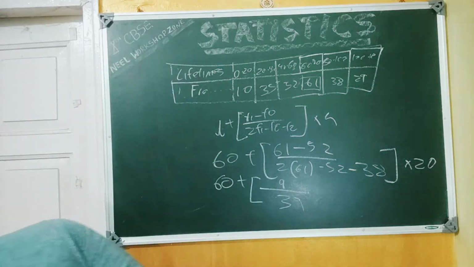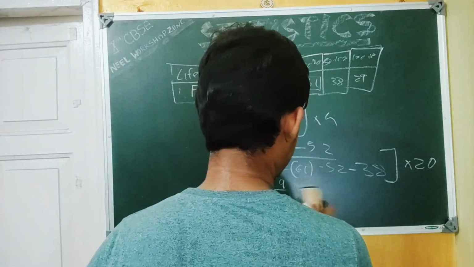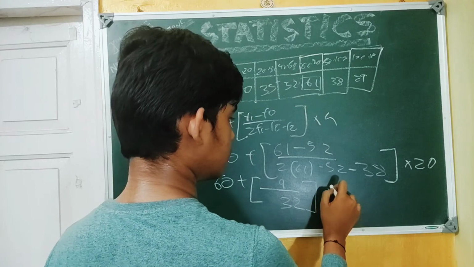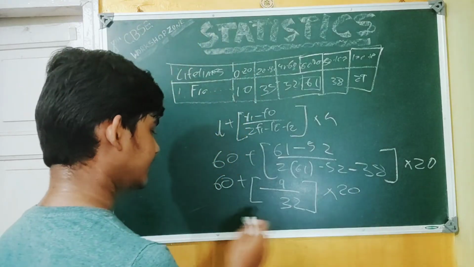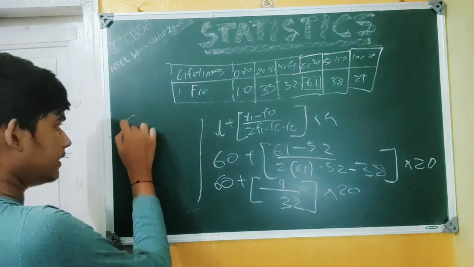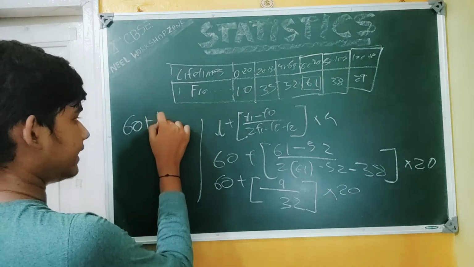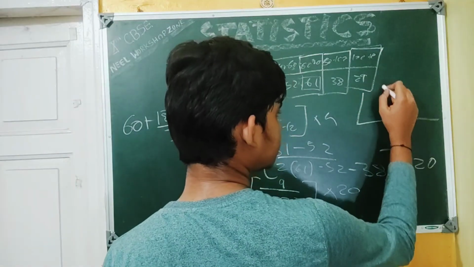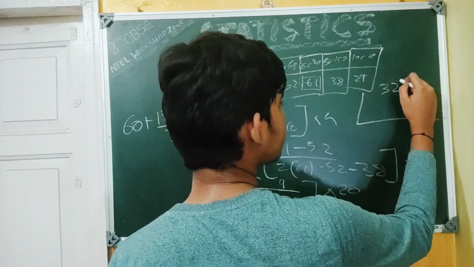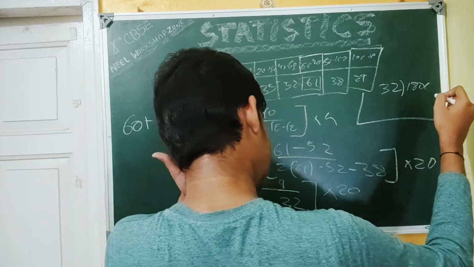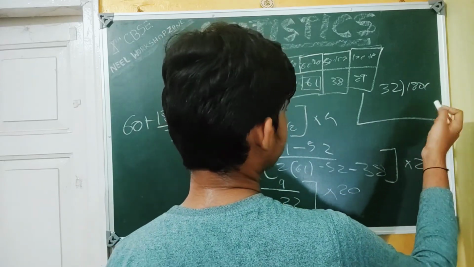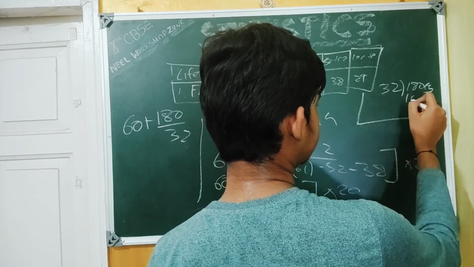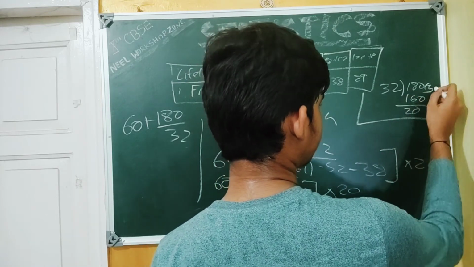So 9 into 20 is 180. Continuing over here, 60 plus 180 by 32. Let's do the rough work: 180 divided by 32. 32 times 5 is 160, 20 will be left.